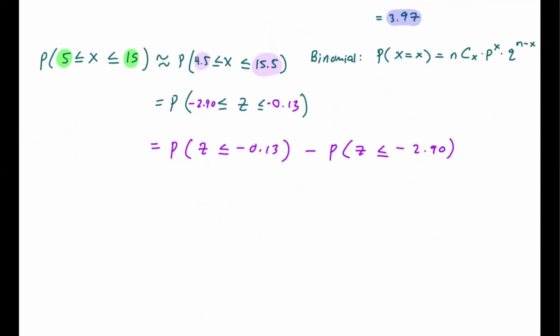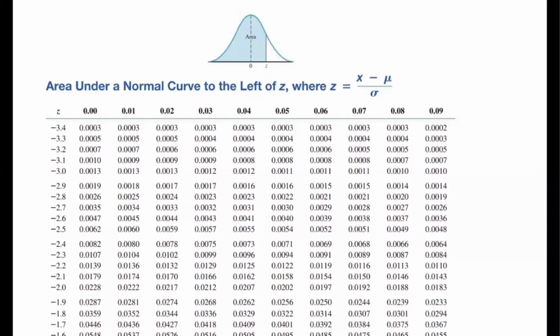So now let's go ahead and do that. Let me take you back to the z-score table and show you how to read these numbers. All right, here's the z-score table we're going to be using. Be mindful that this table reads the area under the normal curve to the left of the z value. So if you're looking at a z-score, you're going to read off everything to the left of it, all of that area. Okay, so the first one we wanted to look at is negative 0.13.